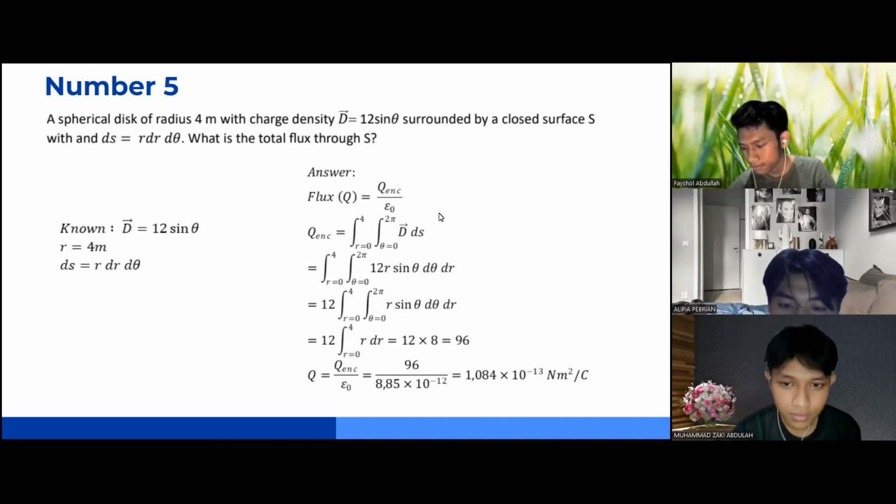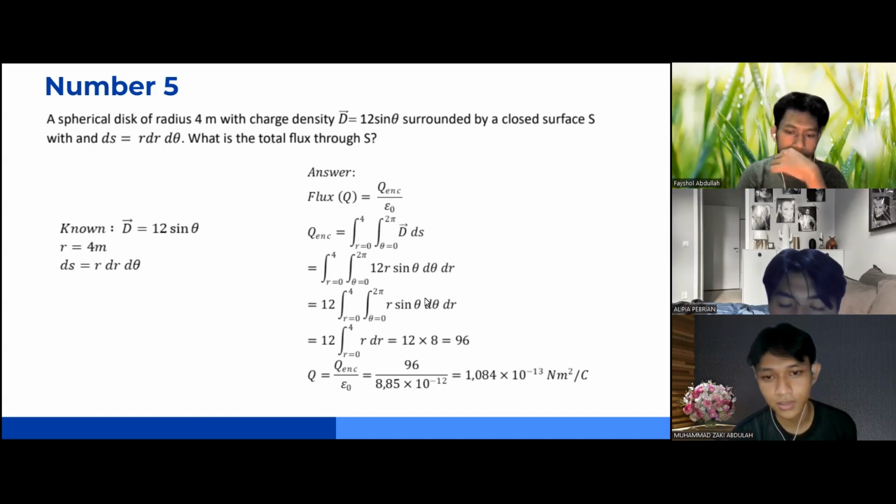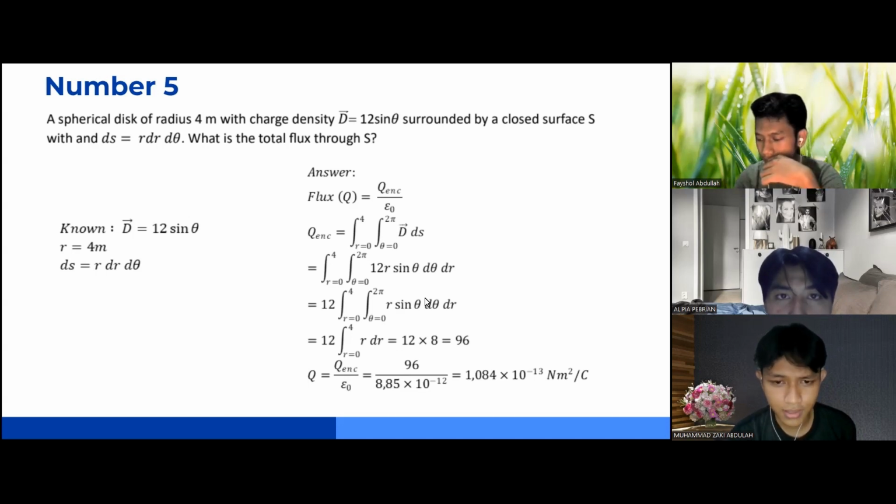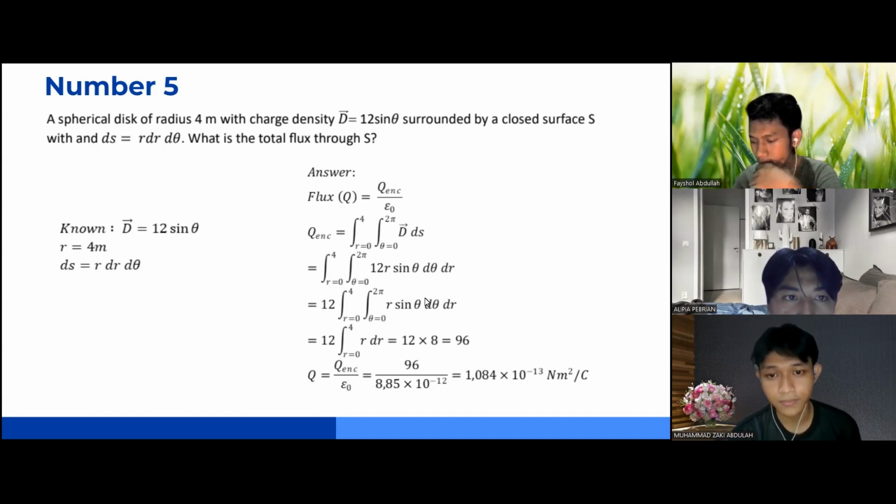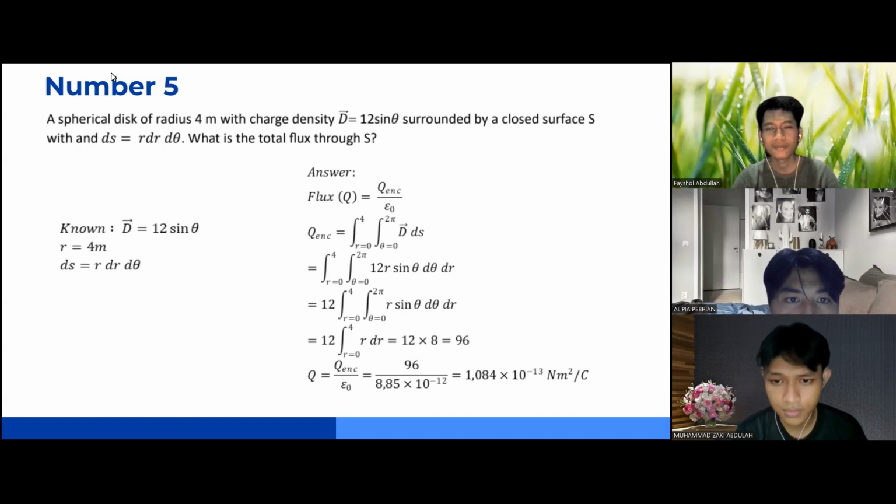So the flux is Q_enc over ε0 equals 96 over 8.85 times 10^-12, which equals 1.084 times 10^-13 Newton meter squared per C.